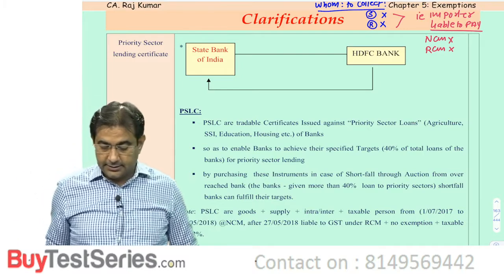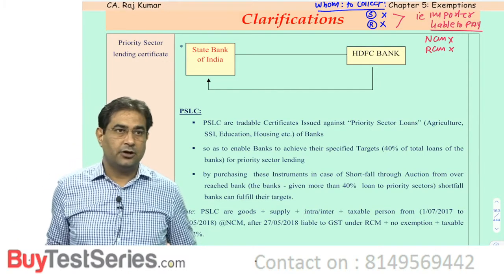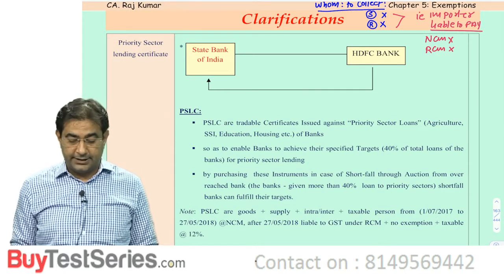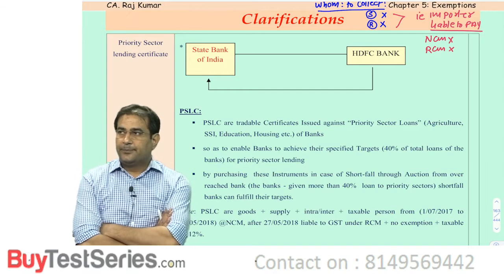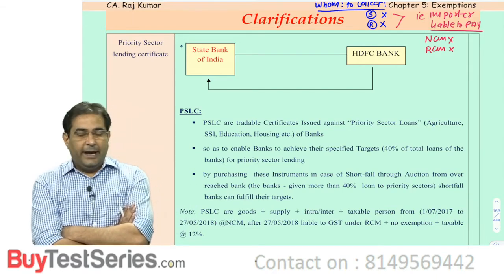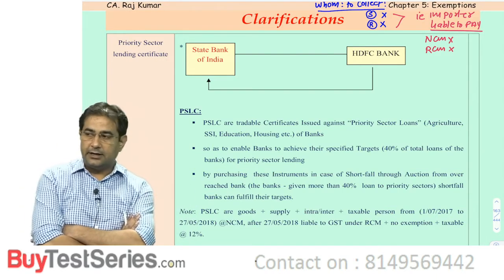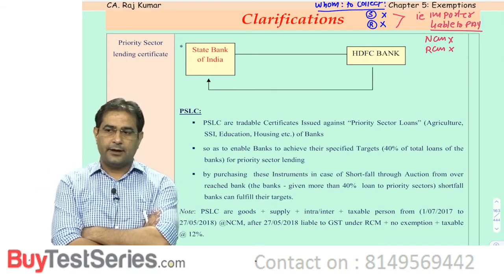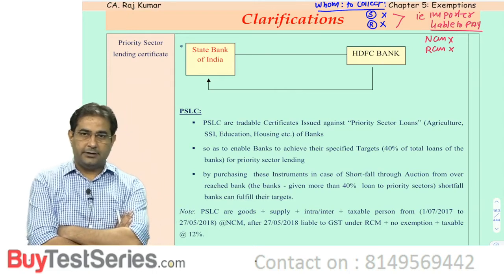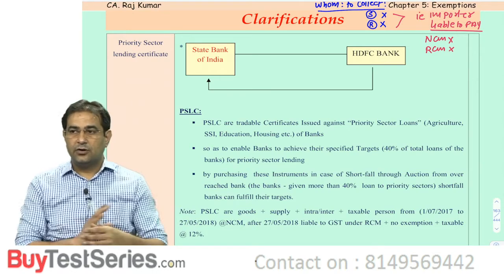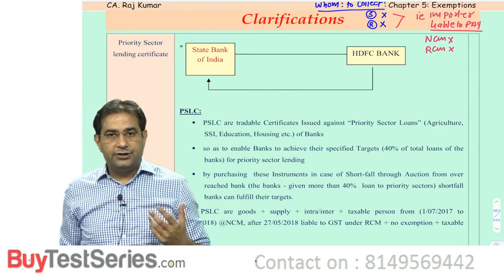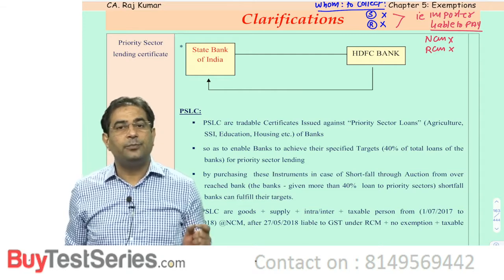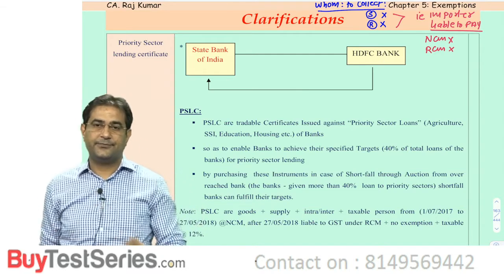Priority sector lending certificate. Now let's see what the concept of priority sector lending certificate is. Basically, the banks which come under the control of the Reserve Bank of India have an obligation to lend at least 40% of their total lending to priority sectors.